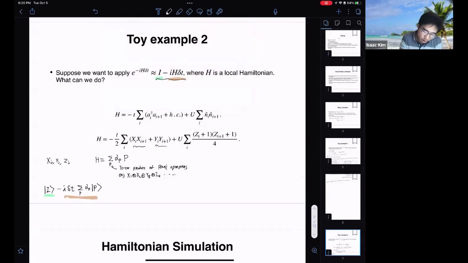Okay, and similar to the qubit example, what you want to do is apply this e to the minus IH delta t operator to an arbitrary state. So one thing that you could do is have another register which encodes this arbitrary state psi, and then apply this unitary operation.